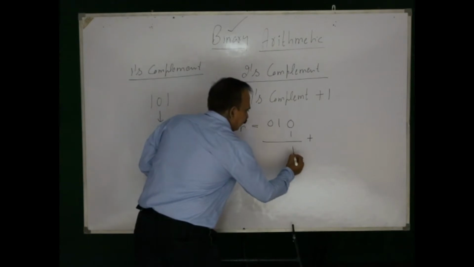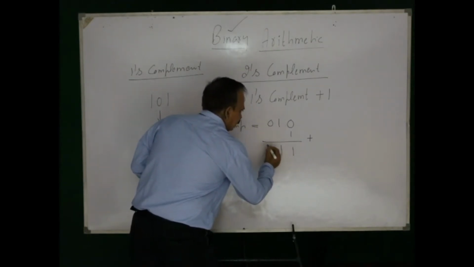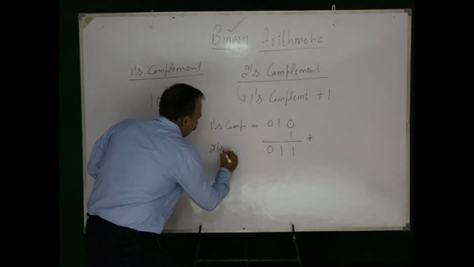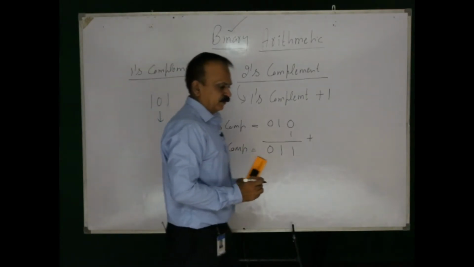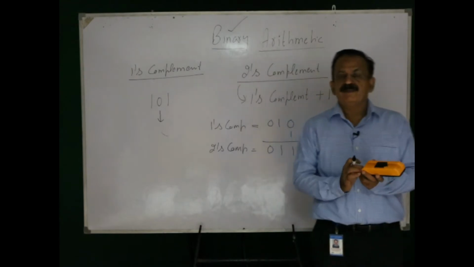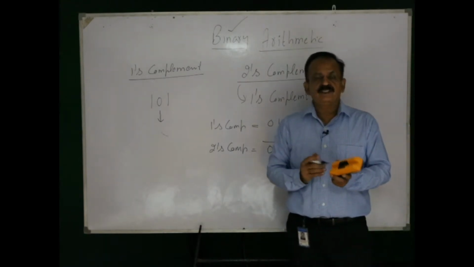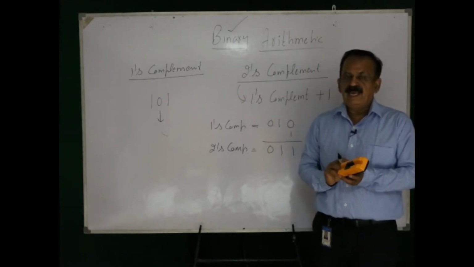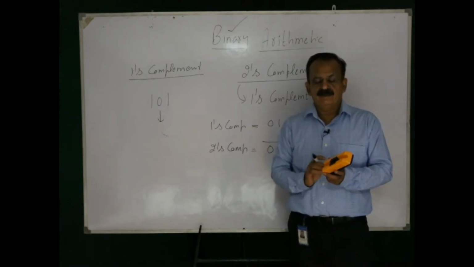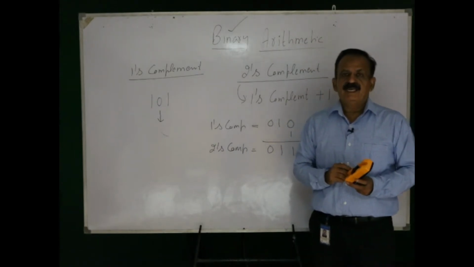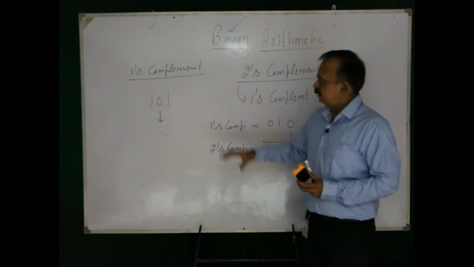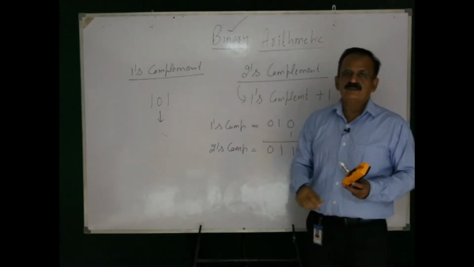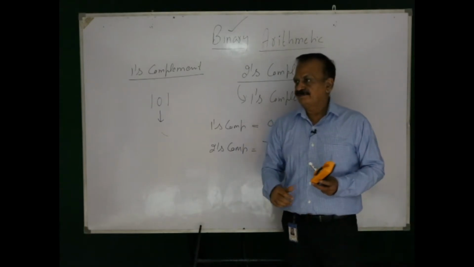It will be 1, 1 and 0. This is nothing but 2's complement of the given number. So 1's complement is obtained by converting 0 to 1 and 1 to 0, and 2's complement of the number is obtained by adding 1 to 1's complement of the number. This is how we can get 1's and 2's complement numbers.